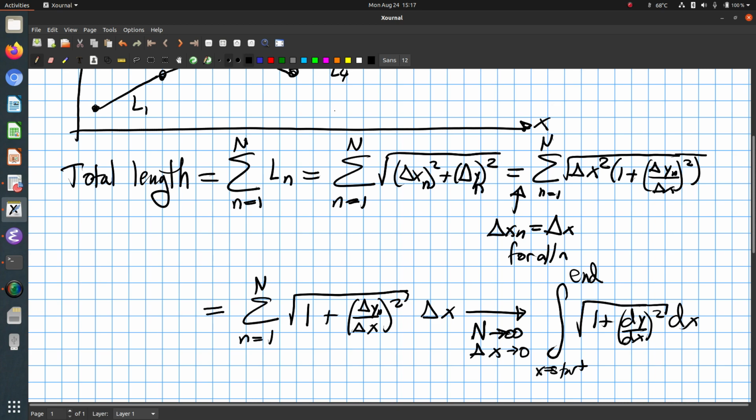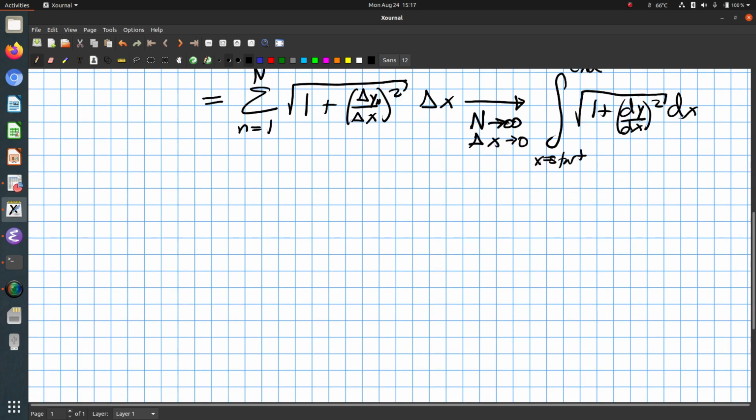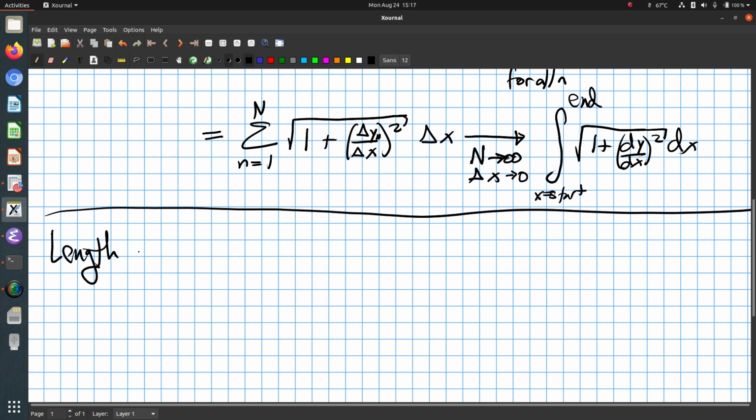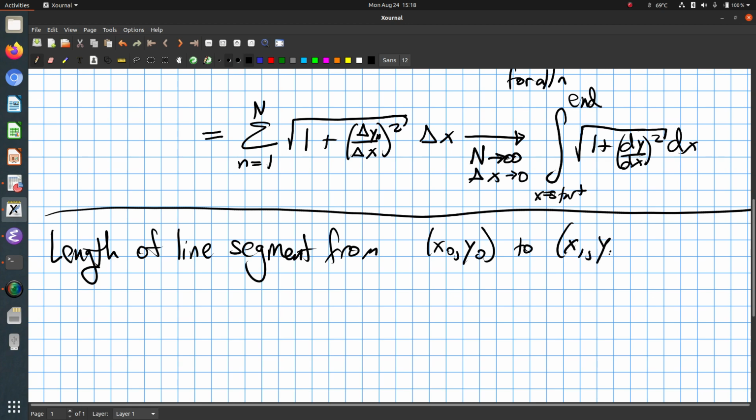Okay, this sort of thing is perhaps best done by example. So let's do that. Here's a pretty simple example: let's find the length of a line segment from x naught, y naught to x1, y1.